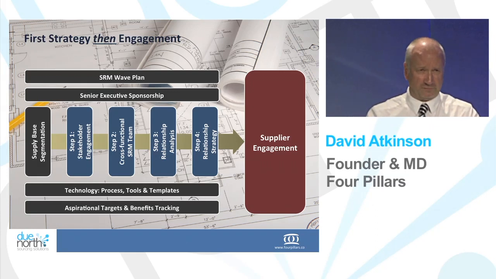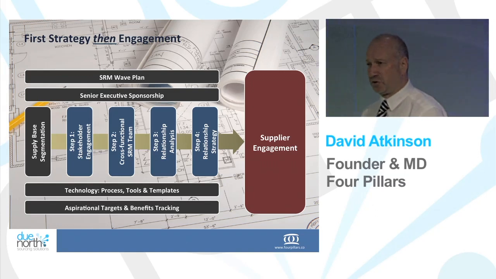Which suppliers are we going to focus on this year, next year, and beyond? We need senior executive sponsorship, who's going to endorse the program, who are going to provide resources, knock down doors, whatever it takes to make sure that it's implemented. And of course, we need aspirational targets and a method of tracking the benefits.